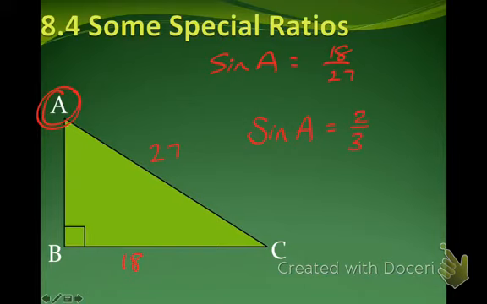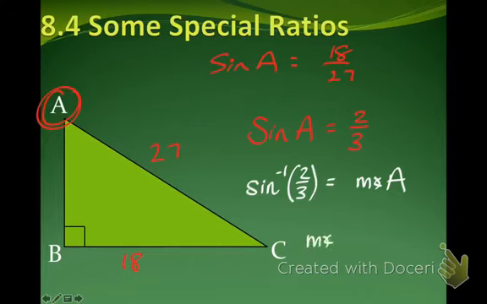Our inverse trig ratio tells us that if the sine of A equals that, then the inverse sine of 2/3 would equal angle A. So if I go into my calculator and I hit the inverse sine, so second sine, and I put in 2/3, we find that the measure of angle A is equal to 41.8.